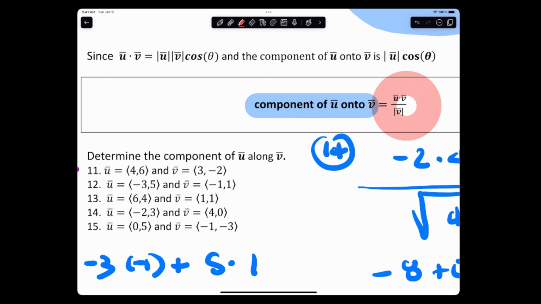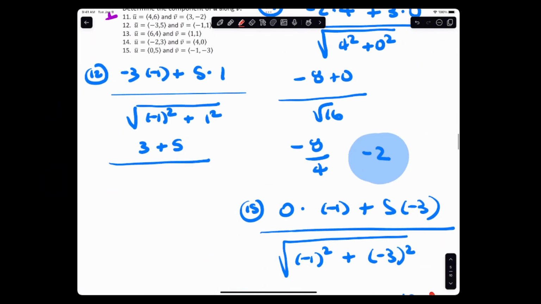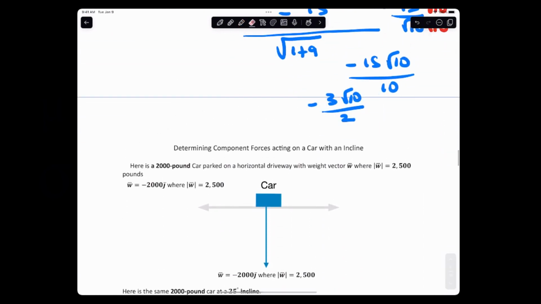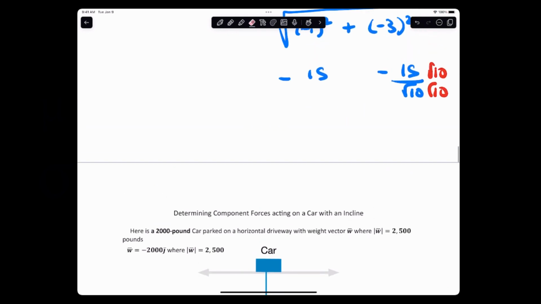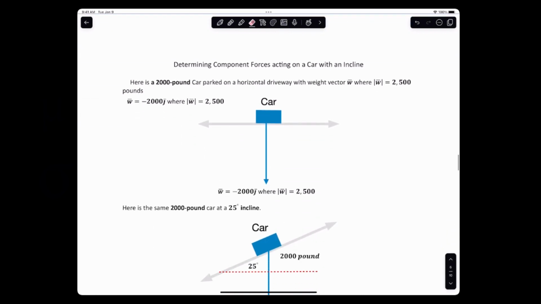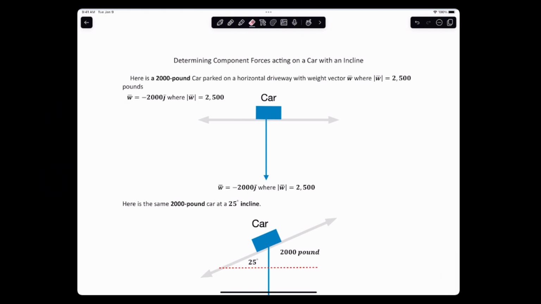Now, you might say, how can we apply this idea of a scalar value, this number that we're looking for, the shadow or component of u along v? Here's an application, and I'm going to erase this because it's distracting me, but it's in your notes. And here we go, component of u along v. One of the reasons why we learn mathematics is so that we can work on the applications.